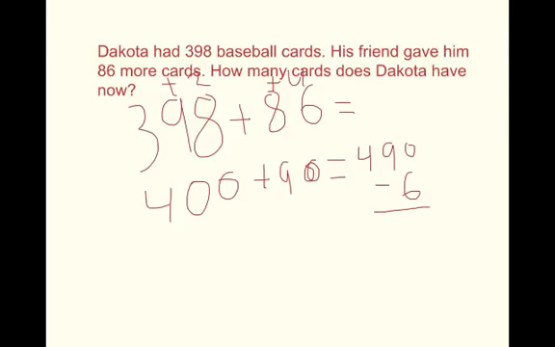Subtract, and then that equals 484. And how did you know it was 484? Well, because I know 6 and 4 is 10, so I know I had to put a 4 there, and then I had to go 10 down, which equals 80, and then 400 is just left alone.